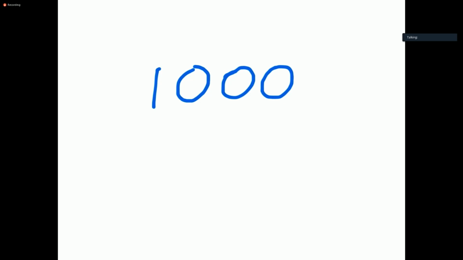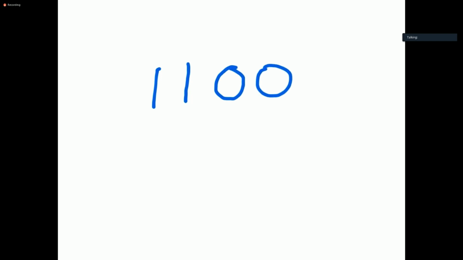If I want the number 9, well, it's going to be a 1 in the eights place and a 1 in the ones place, because 8 and 1 makes 9. If I want 12, then I'm going to have a 1 in the 8's place, a 1 in the 4's place, and nothing in the 2's or the 1's place because 8 and 4 make 12.